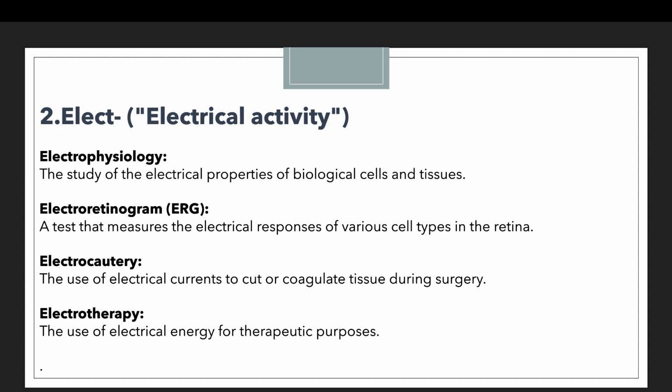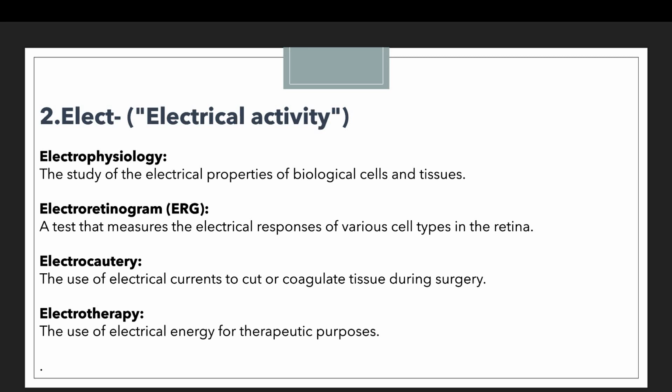Then we have electroretinogram, ERG. I guess some of you know about this term, because it is commonly used when we talk about the eye specialist, because they ask to do such a test, and that test is used to measure the electrical responses of various cell types present in the retina.